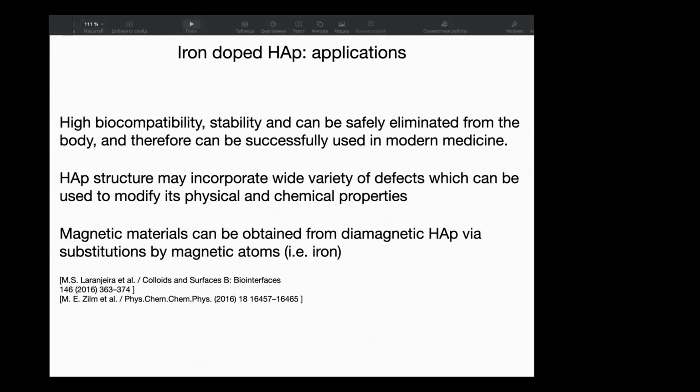Why did we choose iron-doped hydroxyapatite? Because of its high biocompatibility, it could be used in medicine, for example, for magnetically induced heat determination of cancer and so on.